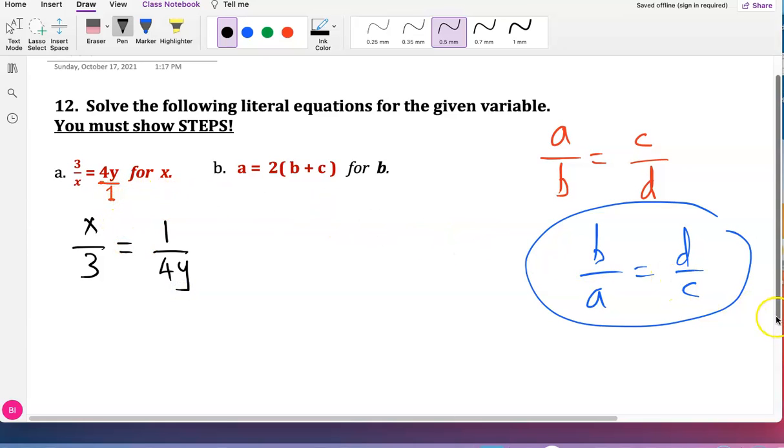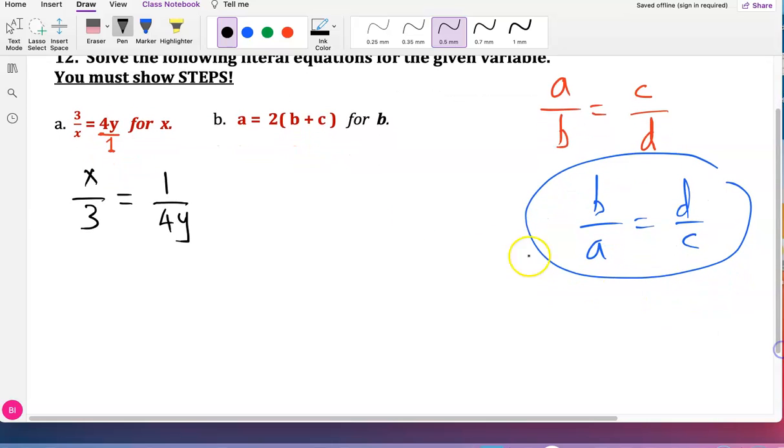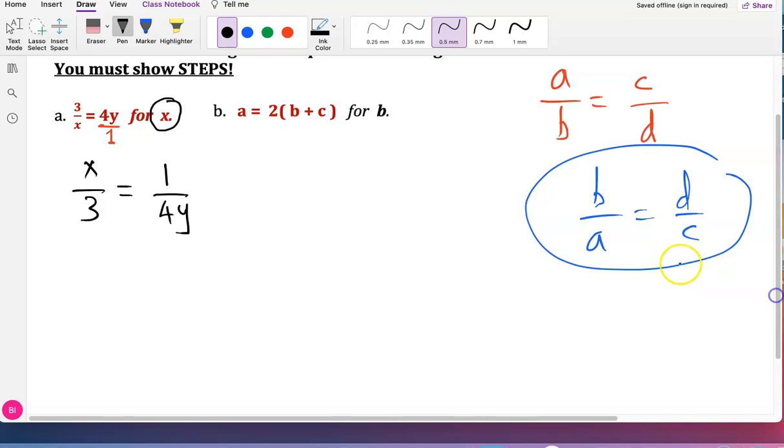You can utilize it, right? If you want to write something as a fraction, write 1 in the denominator. Okay, so now I have x divided by 3 is equal to 1 over 4y. And as you know, you have to find the formula for this x. x is equal to how much? Now, how do you do that? You're almost there. Once you flip it, you got your answer.